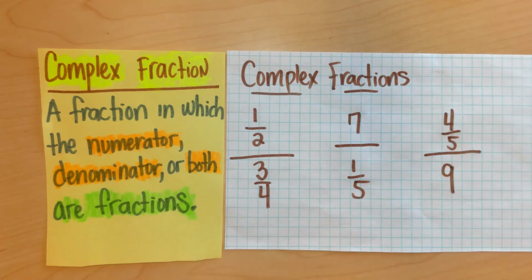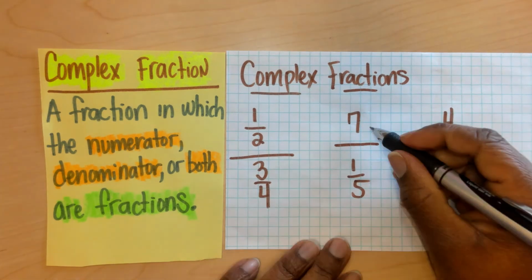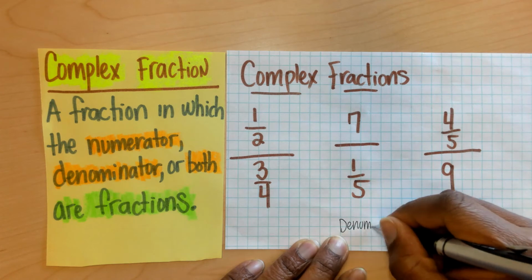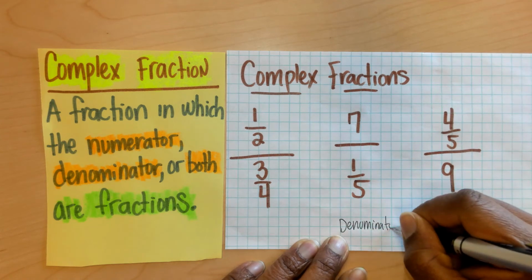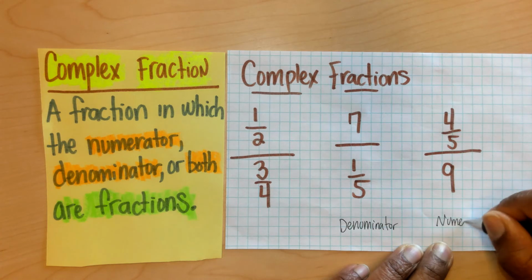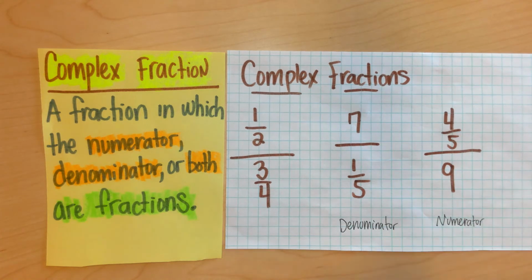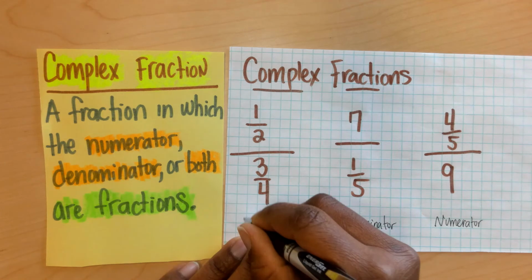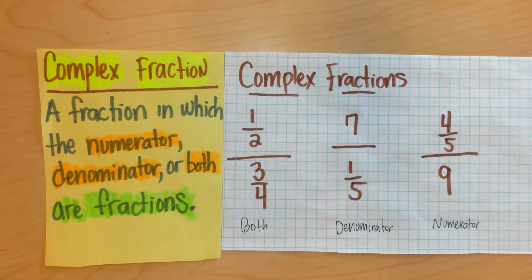So here I have a fraction in my denominator. I have a fraction in my numerator in this example, okay? Or I may have a fraction in both. So it's almost like a fraction within a fraction.